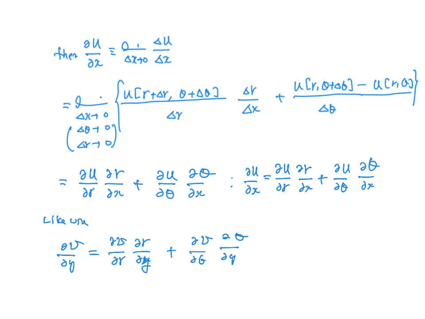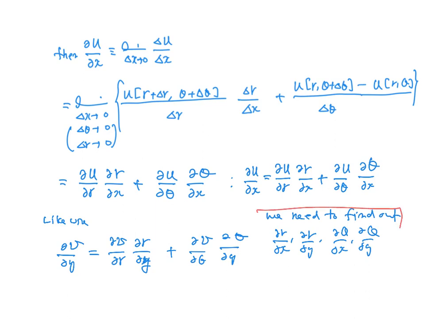So we still need to find out partial r over partial x, partial r over partial y, partial theta over partial x, partial theta over partial y, right? So let's do that on the next page.